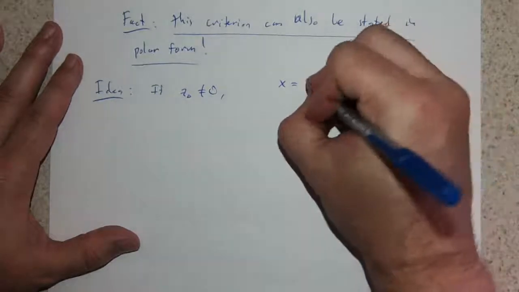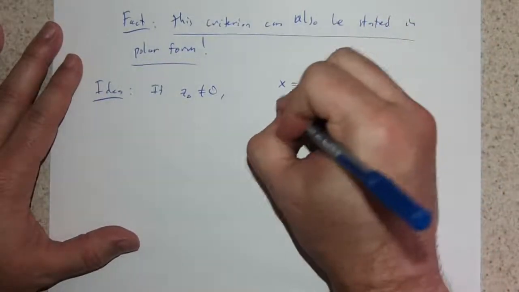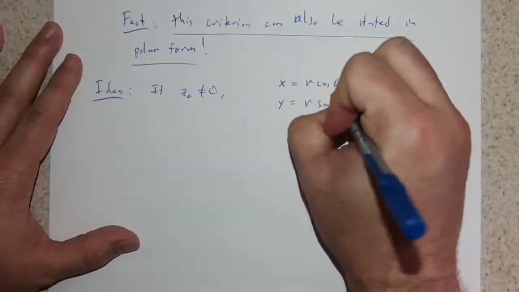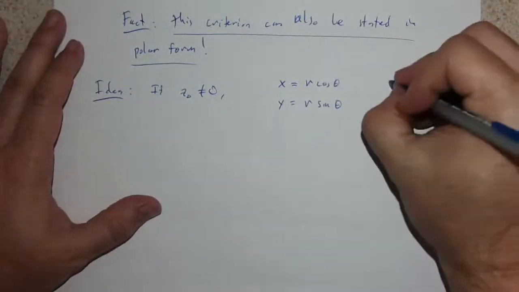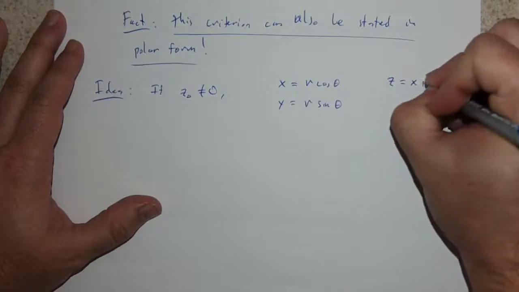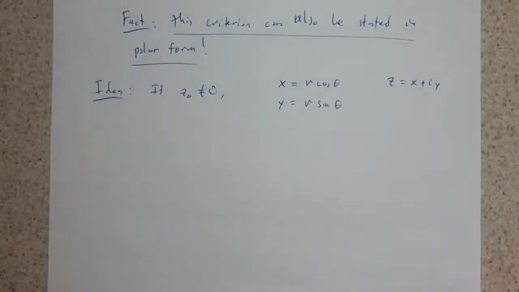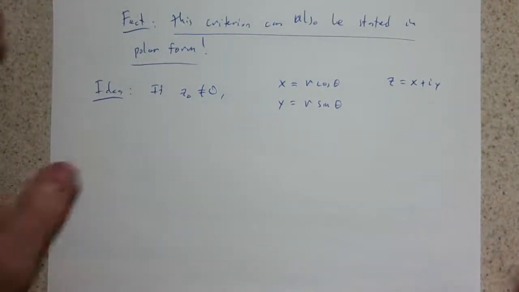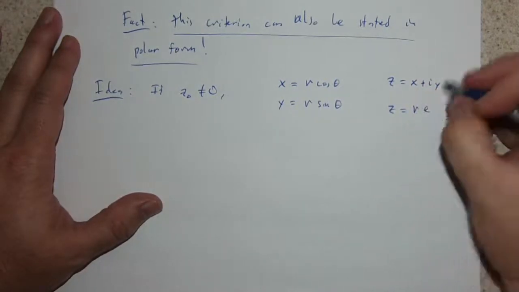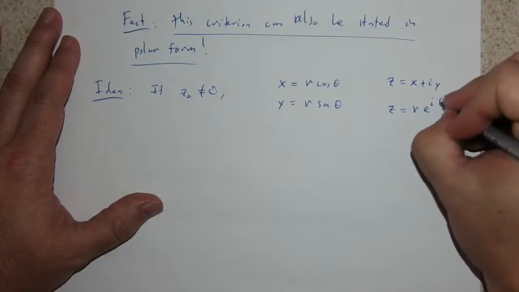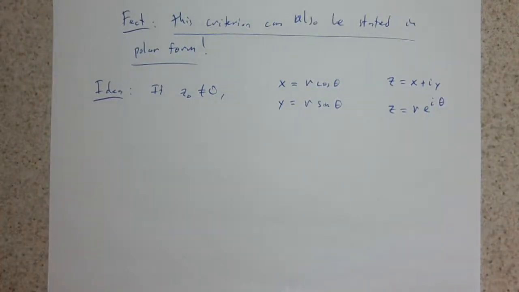So let x be r cosine theta, y be r sine theta. Typically we would write z as x plus I y. Of course, in polar form, this same z would be written as r e to the I theta, right?